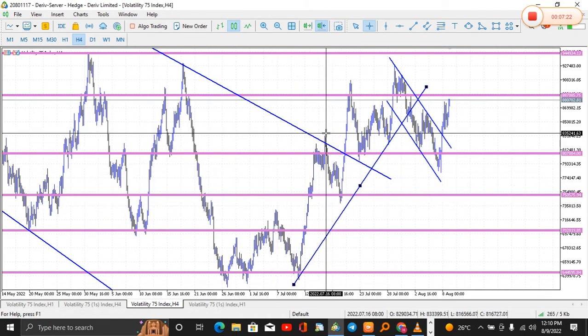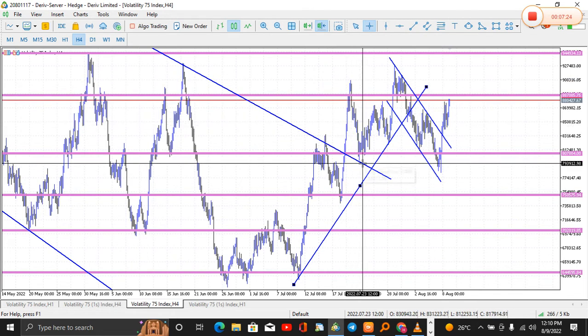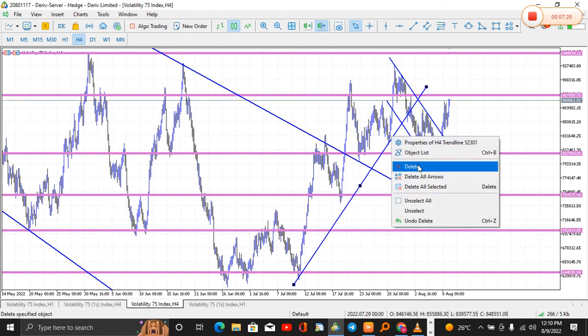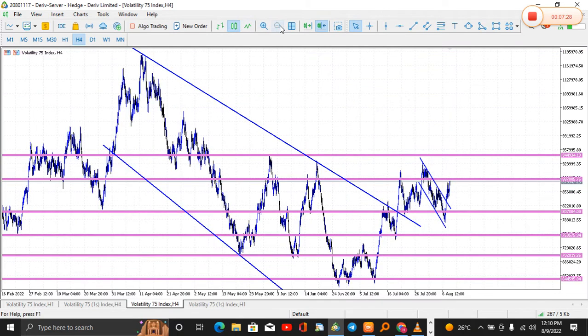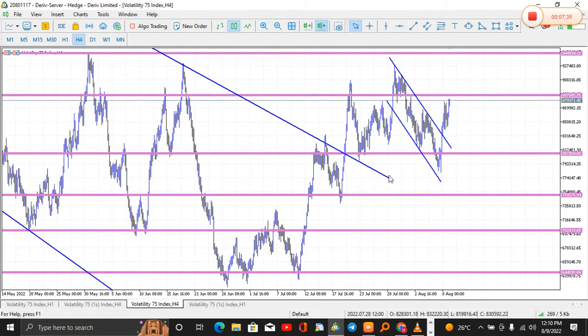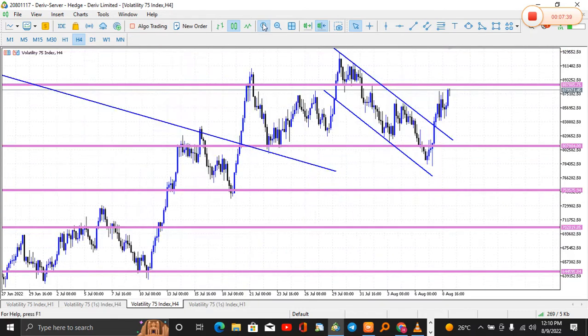At the moment we are in an uptrend. Now if you are a trader and you want to profit on this market, that means we shall be looking for only buy entries on this market. We shall not be scalping sell entries.